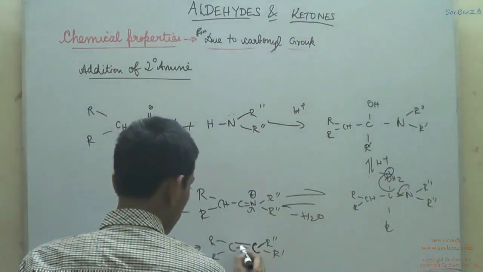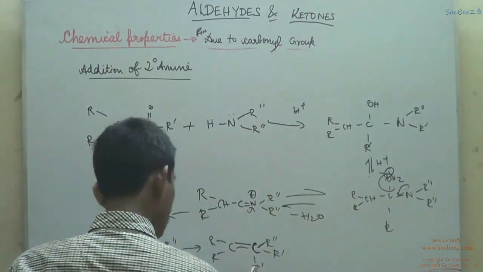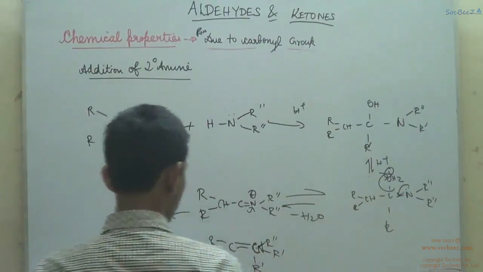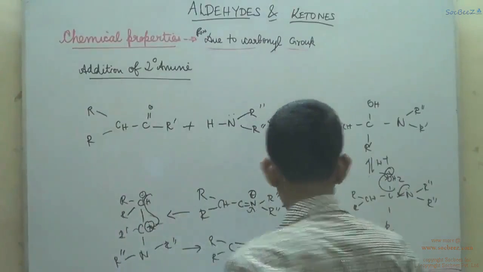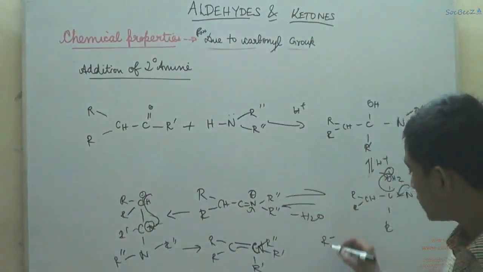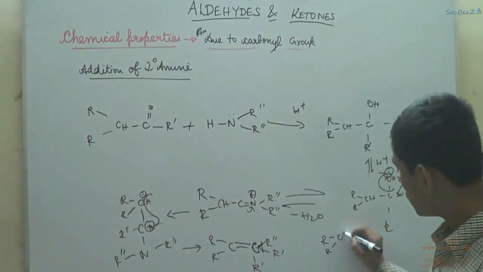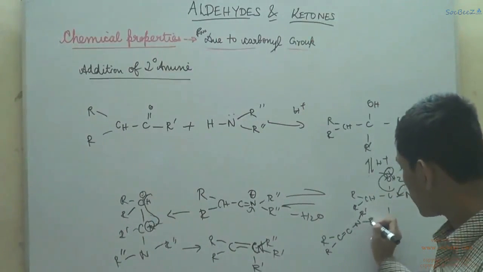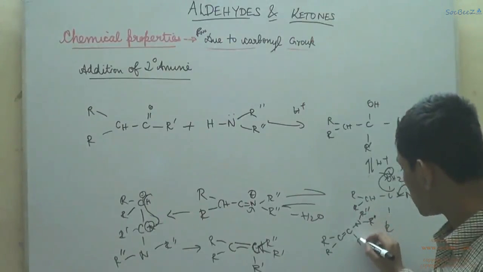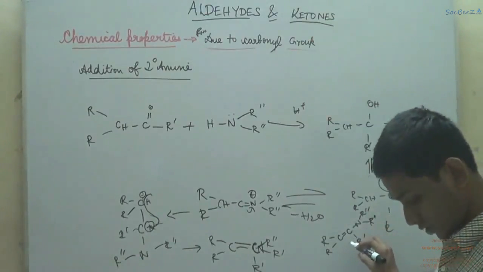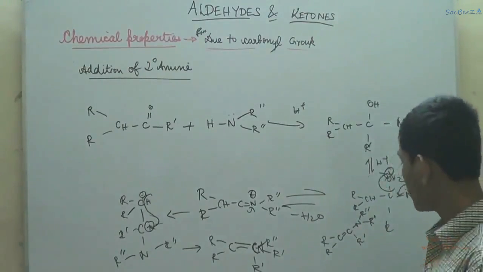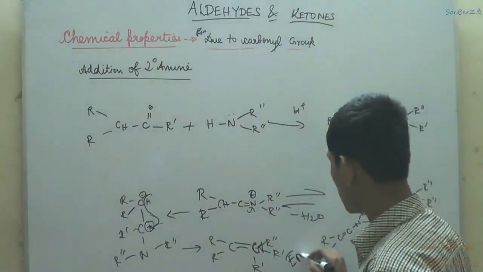So this is an enamine. Okay. Let me write an enamine again. I hope it's clear, visible. R, C double bond C, N, R dash, and R double dash, this is R dash, for distinguishing purpose. Okay, so this is an enamine.